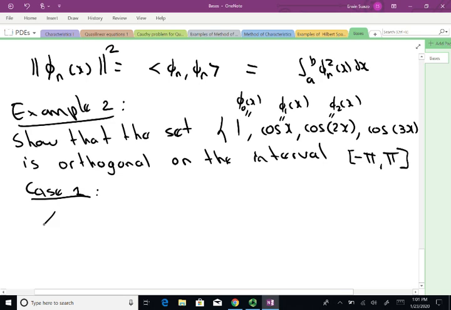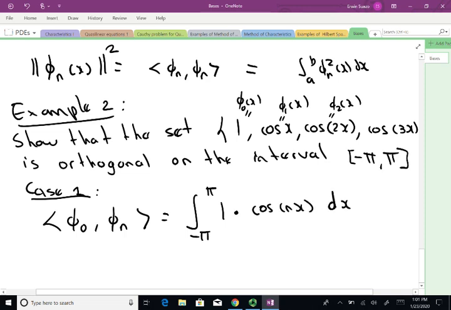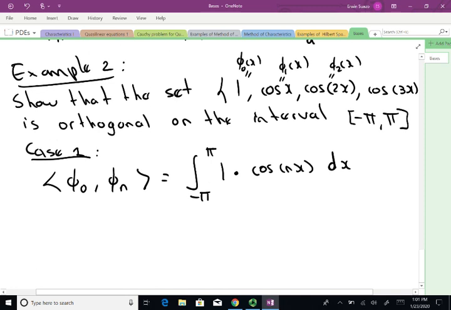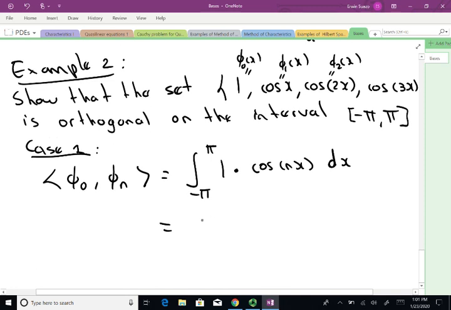So we have the inner product of phi 0 with another one, phi sub n. In this case it will be the integral between minus pi and pi of phi 0, which is 1, times cosine nx dx. The antiderivative of cosine nx is sine nx divided by n, between minus pi and pi.